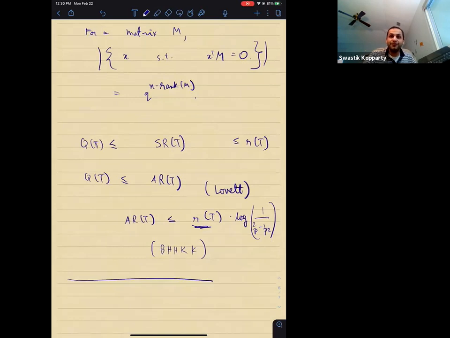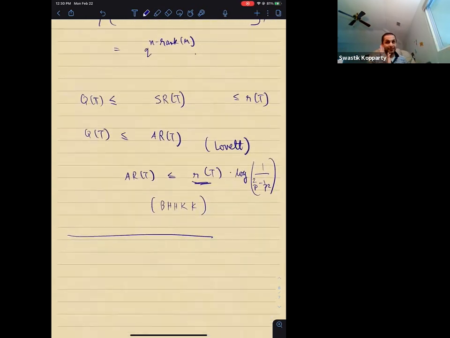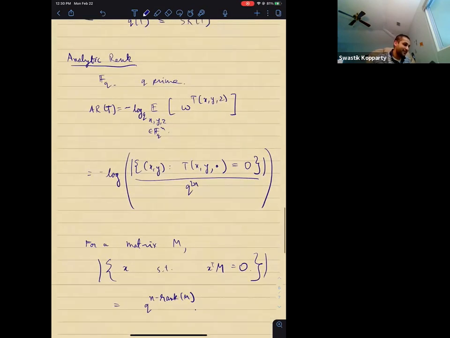Now I'm coming to the definition of geometric rank. The study of geometric rank was motivated by studying analytic rank. So let's go back to the definition of analytic rank and look at it again. We're looking at the set of all x, y where you look at T of x, y. This is a trilinear form; we've already plugged in x and y, and we're hoping for it to be 0.